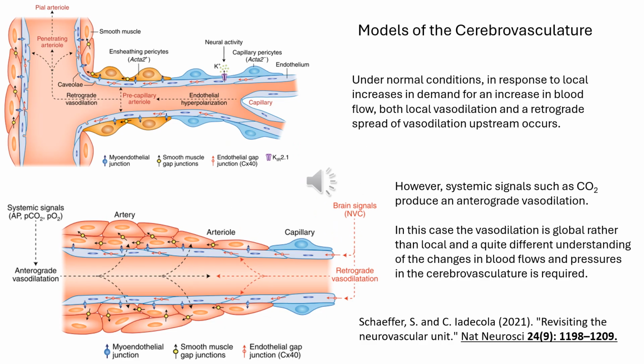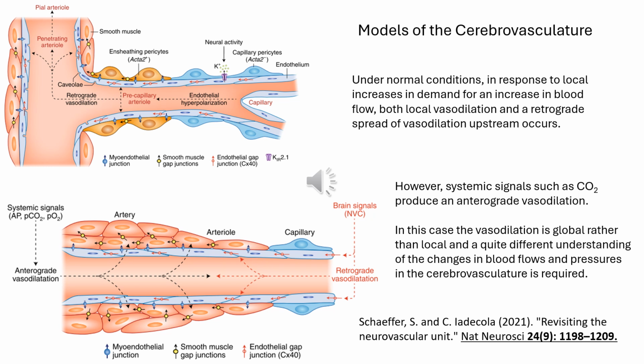Here are visual models of the mechanisms involved in vasodilation. The upper diagram shows local vasodilation in response to increased neural activity, the neurovascular response, and it's spread retrogradely via the endothelium gap junctions.